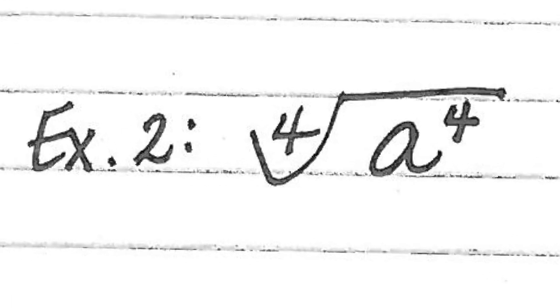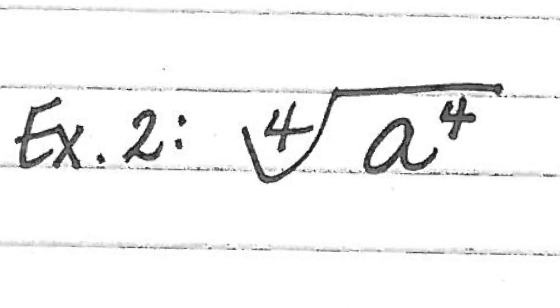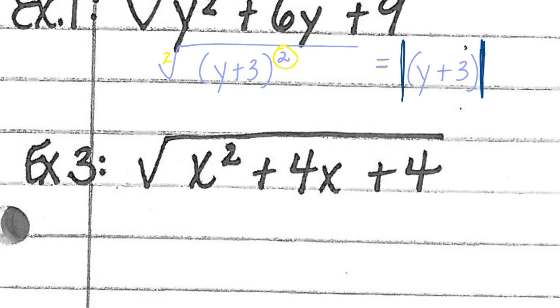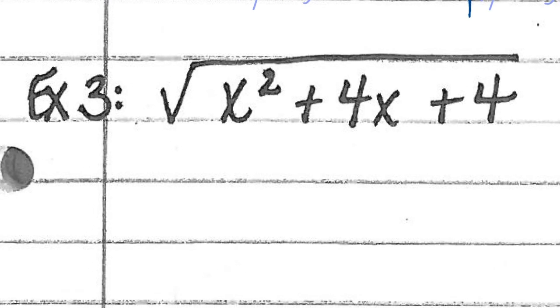What about the fourth root of a to the fourth power? 4 goes into 4 one time, a to the first, even, out comes an odd. We're going to put it in absolute value. Couple more. I know, the longest lesson ever, right? X squared plus 4x plus 4.